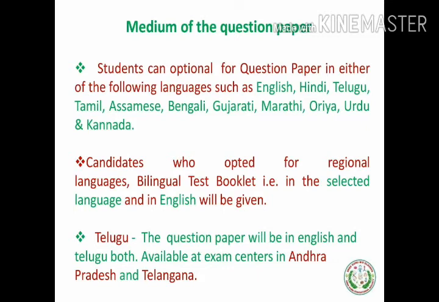The students opting for English would be provided with the test booklet in English only. The candidates opting for regional languages would be provided a bilingual test booklet. This bilingual test booklet contains the selected regional language as well as English.